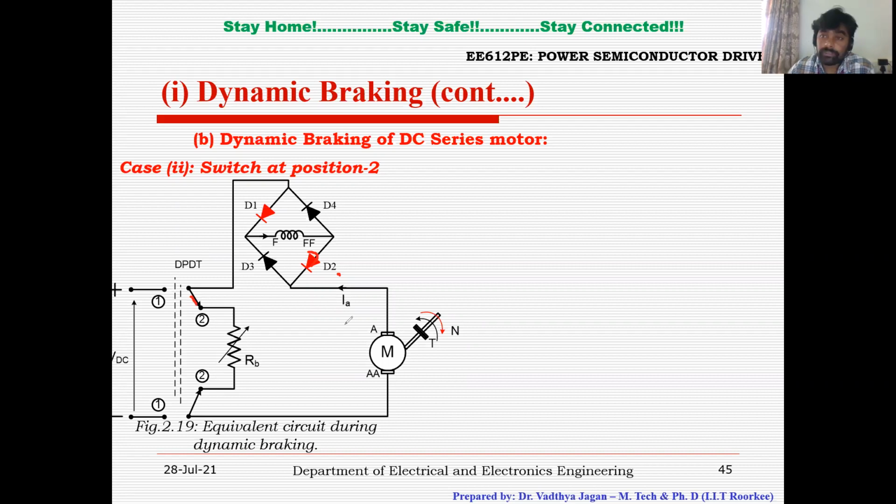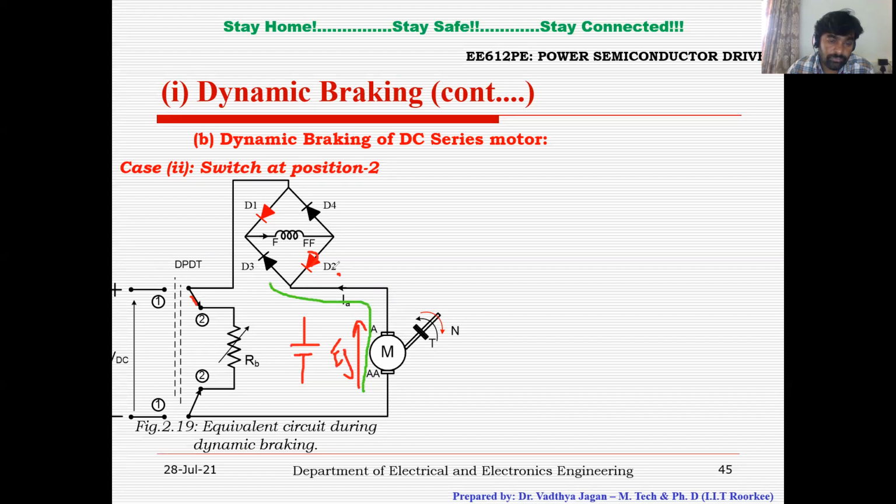Now the source for this circuit is the back EMF, the energy stored in the armature of the DC motor. If you see the back EMF, the polarity will be like this. The current always leaves from the positive terminal, and you can see the direction of current, which I will represent with green color. It is flowing through this armature, right?